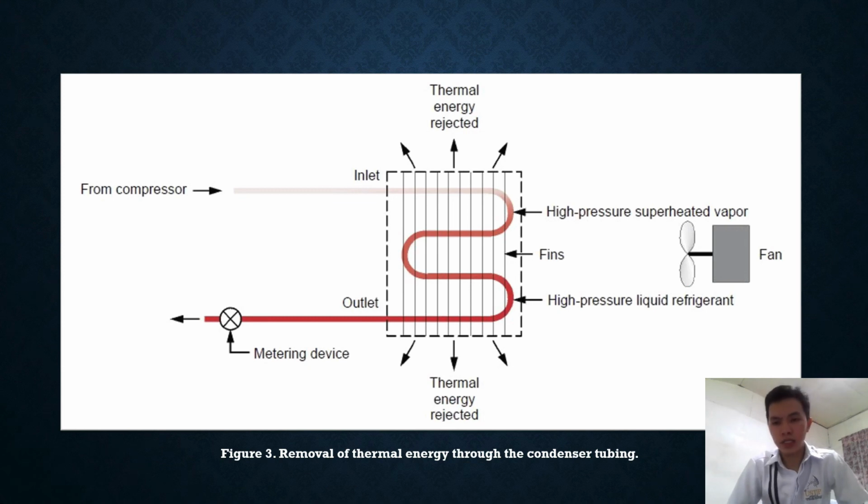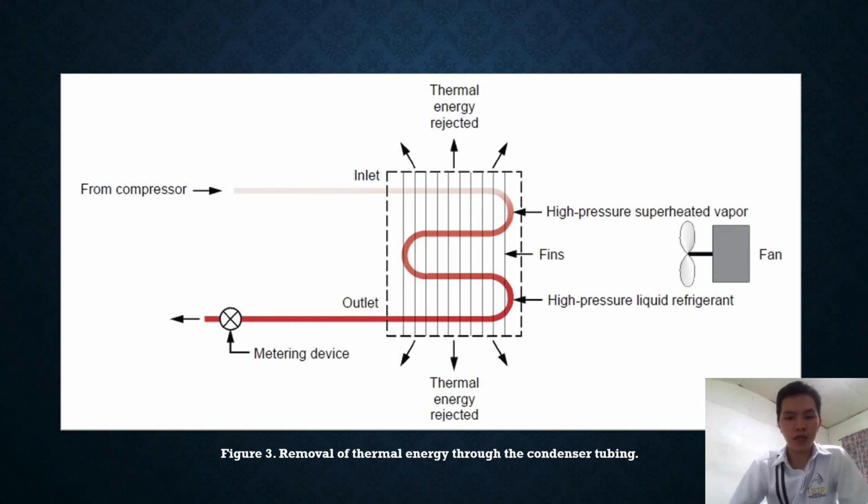As you can see, there is a fan in the figure, and the purpose of that fan is to make sure that the condenser is always cold. If you see a fan in your refrigerators, the purpose of that is to make sure that the condenser is always cold, because if it is hot, it can't condense the superheated vapor from the compressor.